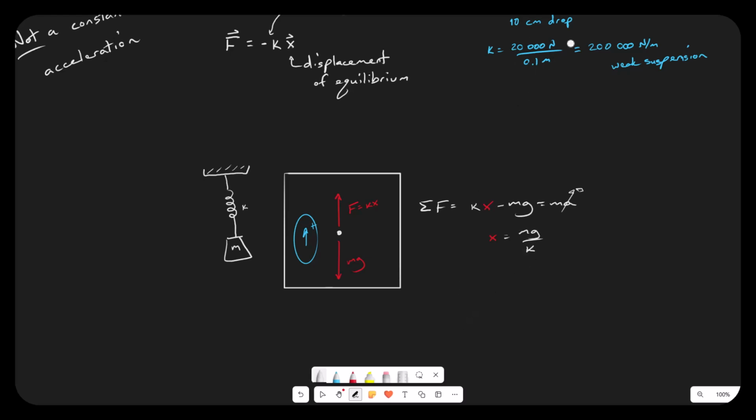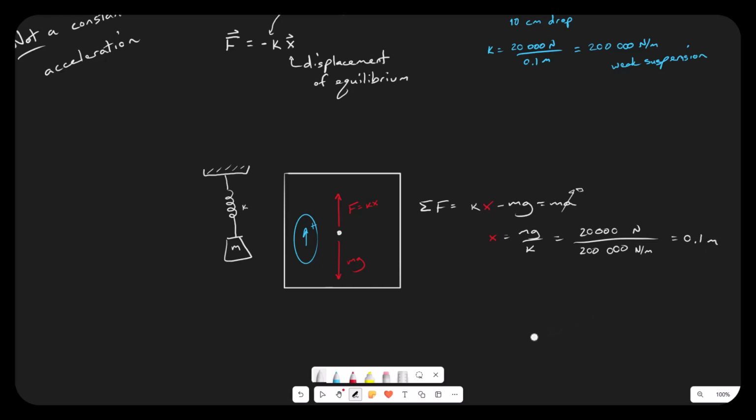If I've got my car that's dropping 10 centimeters on 2,000 newtons, I'm going to say that's 2,000 newtons over my spring constant, 20,000 newtons, sorry, 200,000 newtons per meter, and that's going to give me my 0.1 meters.